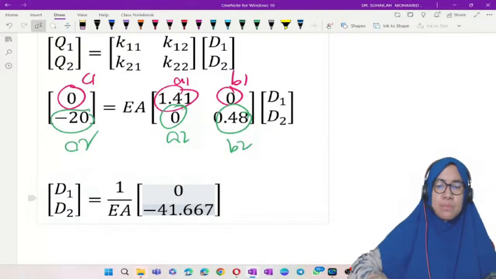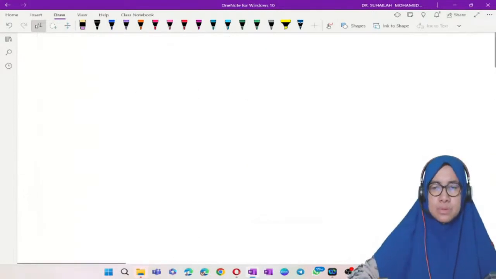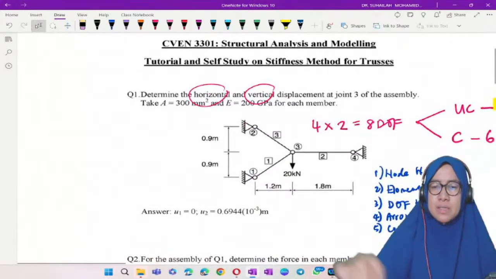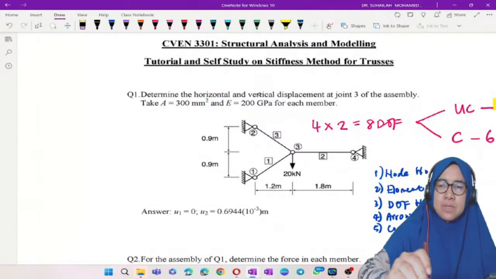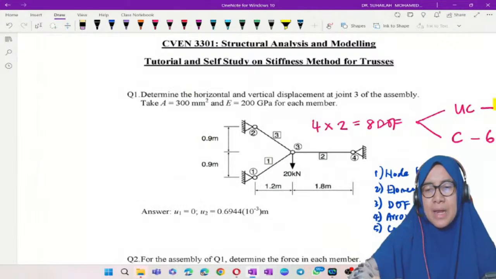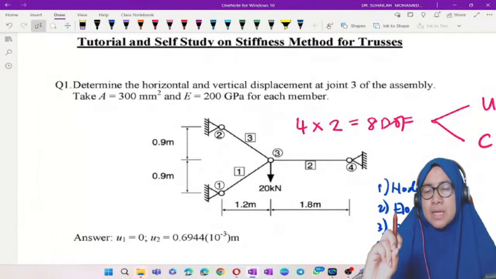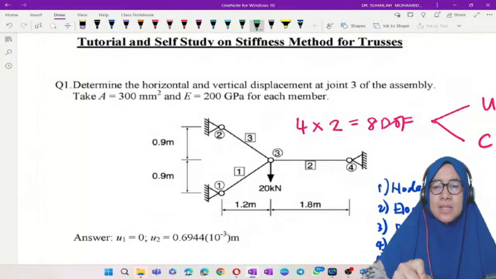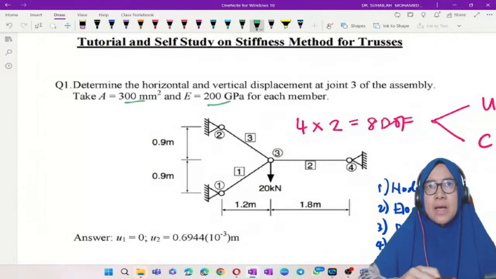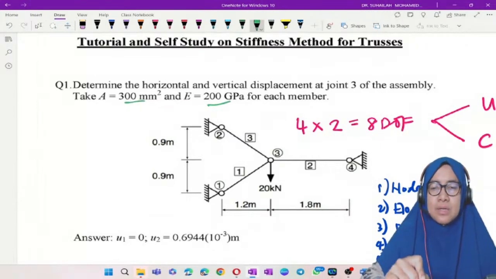So back to the question given. It is 300 and 200. As usual, we have to check whether the unit is okay.